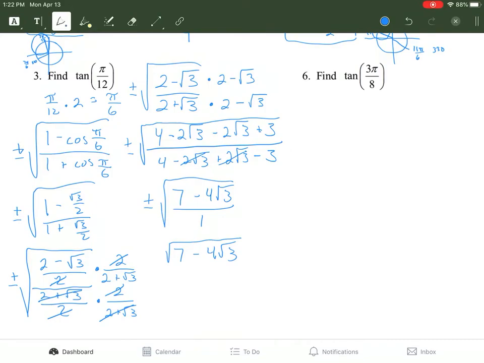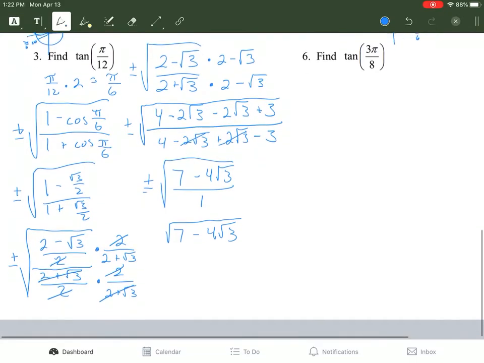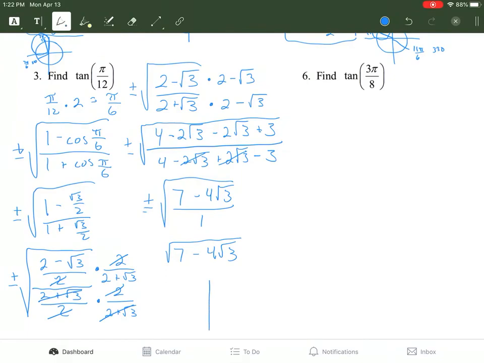And now what we have to do is figure out what the sign is for this, and by sign I mean positive or negative. So we go back to writing our unit circle. Pi over 6 is here, which is 30 degrees.